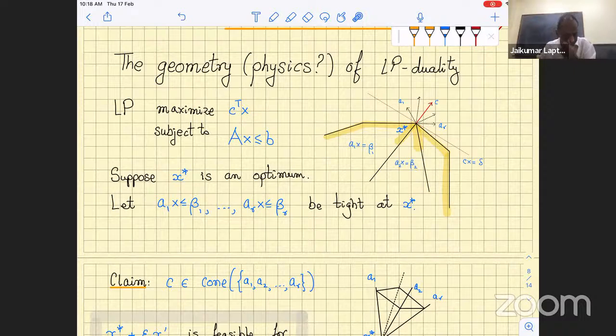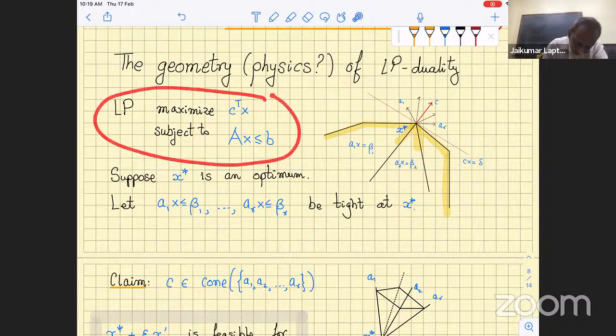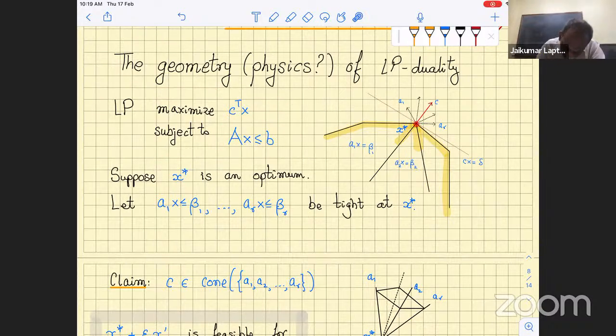LP duality is closely connected to our fundamental theorem of inequalities. The LP duality can be derived from the fundamental theorem of inequalities like this. Suppose you have an LP, now in slightly different form, not the equational form, and it achieves its optimum at this point.